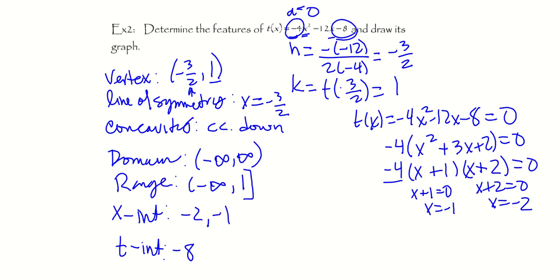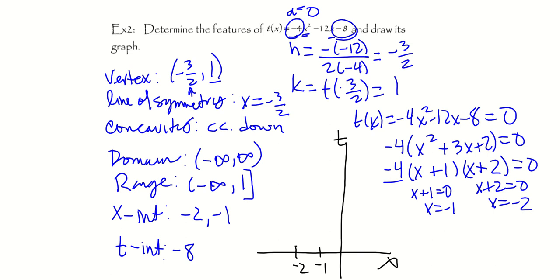So if I go to graph this, looks like I'm going to need this. This is my t-axis. This is my x-axis. And if I take an x of -1, an x of -2, and then I need a y of 1.